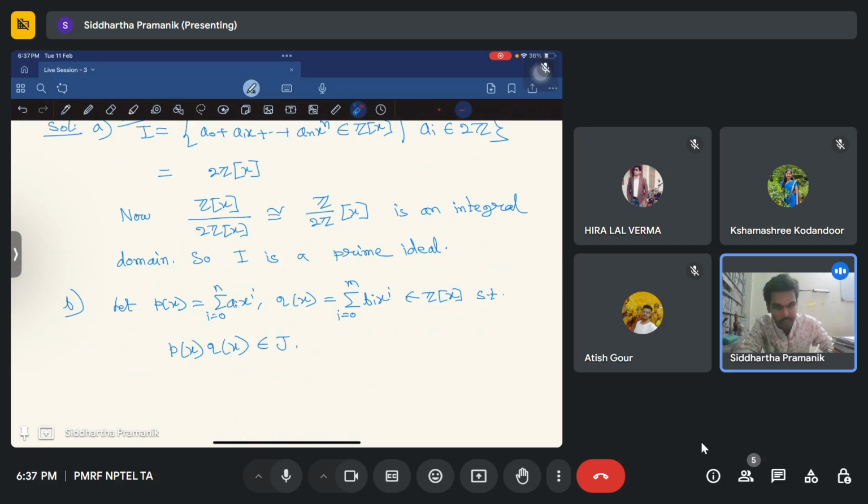Now by the definition, if a polynomial belongs to J, then its constant term must be even.